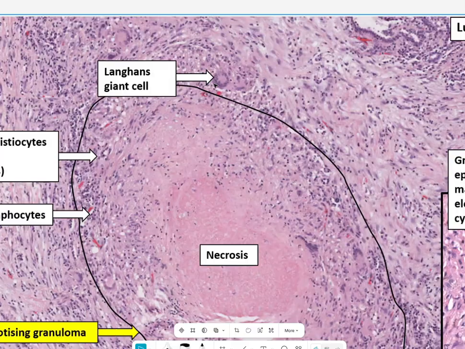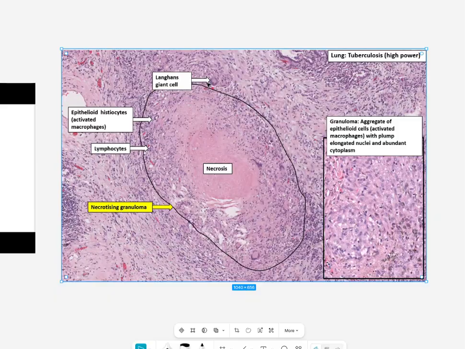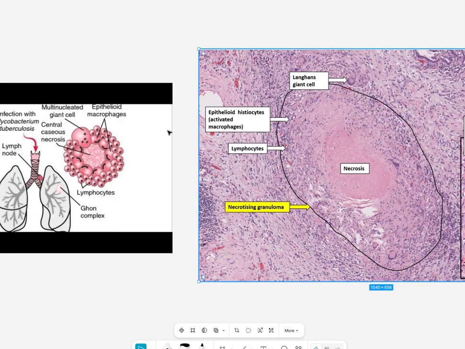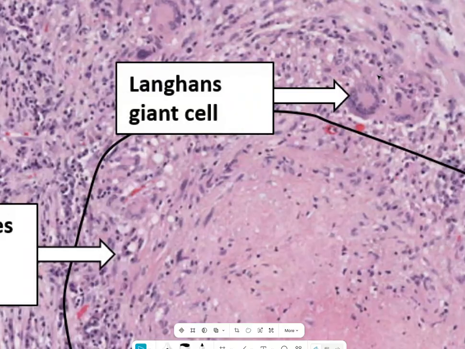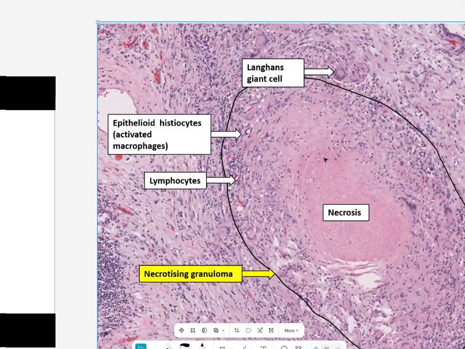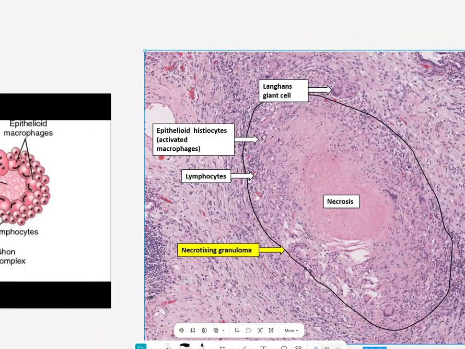These are the Langerhans giant cells, characteristically present in Mycobacterium tuberculosis. We also call them multinucleated giant cells because there are so many nuclei present. So that's something I wanted to show you.